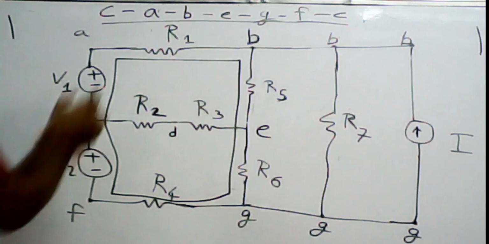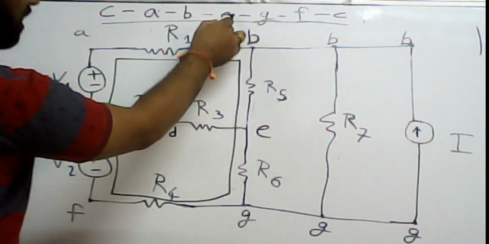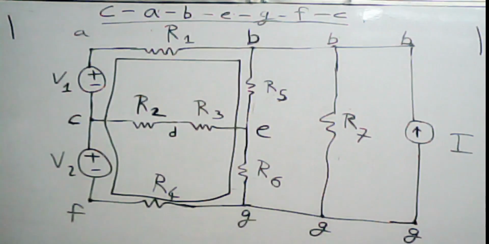It is passing through A only once, B only once, E only once, G only once, F only once. So it is satisfying all the conditions of a loop. So this is a loop.